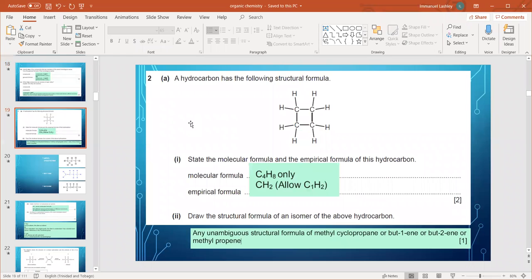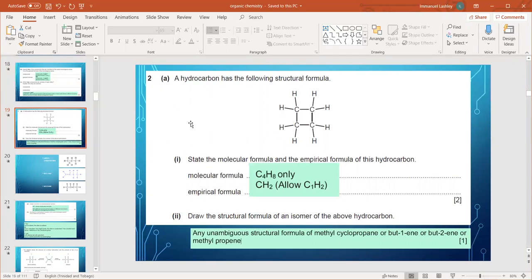Next question. A hydrocarbon has the following structure. They show you a structure where carbon is bonded to 4 other carbons, with hydrogens bonded all around. They ask you to state the molecular formula and the empirical formula of this compound. If you recall, the empirical formula is the simplest whole number ratio.